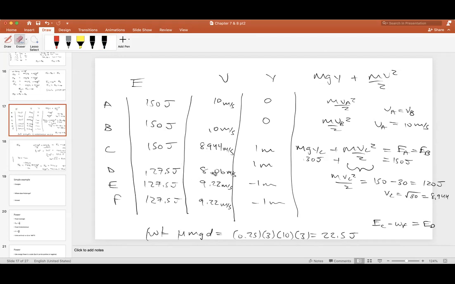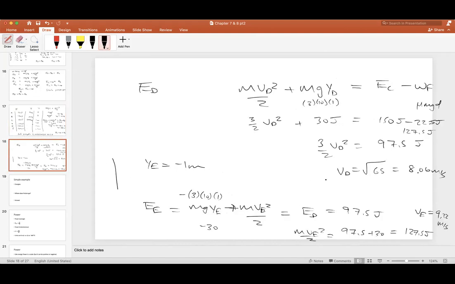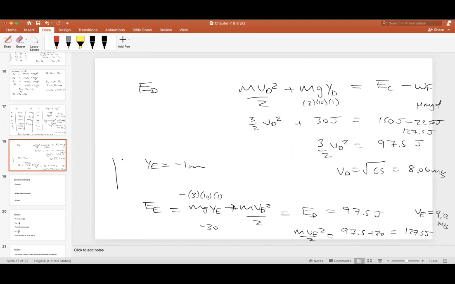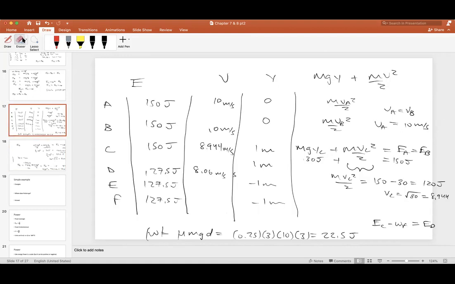And what that means is these are then going to be changed. VD is still the same. Where I have to fix things, this is still 8.06 meters per second. Where I have to fix things is when I found E, this should have been 127.5.